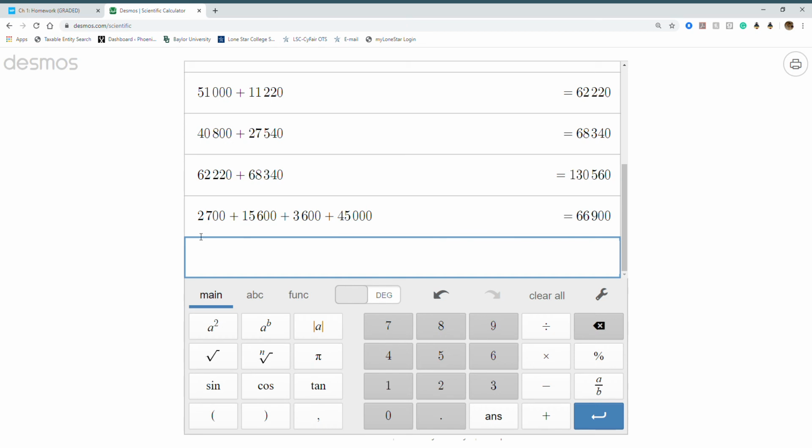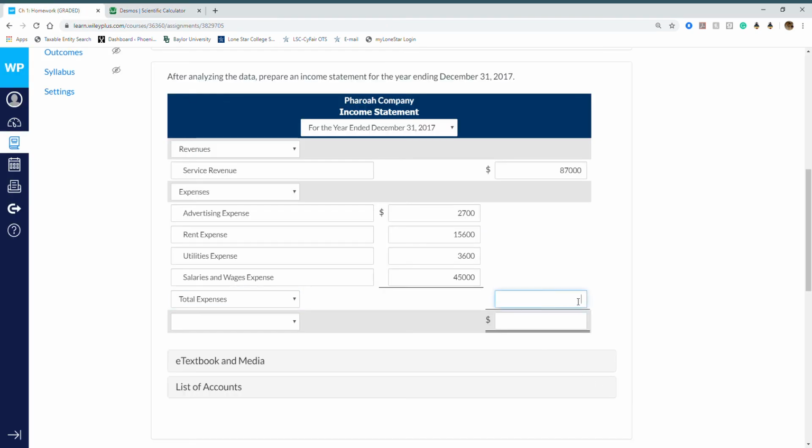To make $66,900. Not bad. At least the cool thing is that we can already see our revenue is greater than our expenses. So we indeed made a net income.